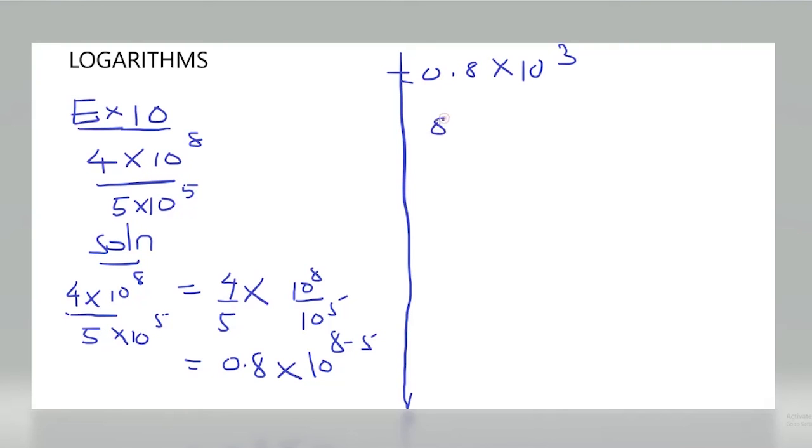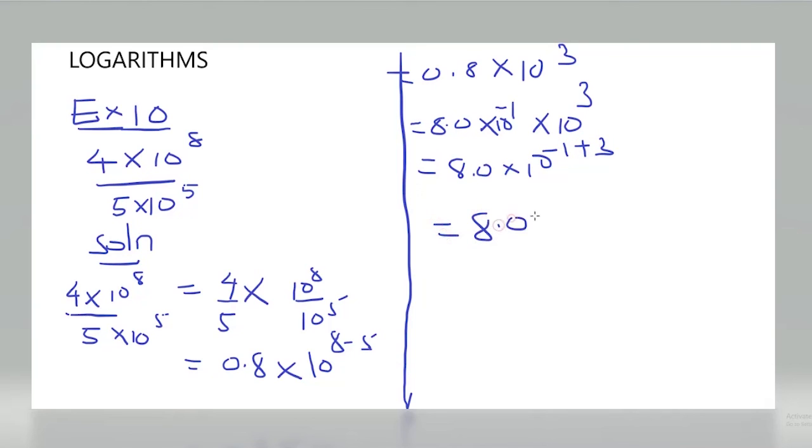It becomes 8.0 times 10 power negative 1, because it moved one step in the opposite direction, then times 10 power 3. So this is 8.0 times 10 power negative 1 plus 3, which is positive 2. This is the answer.